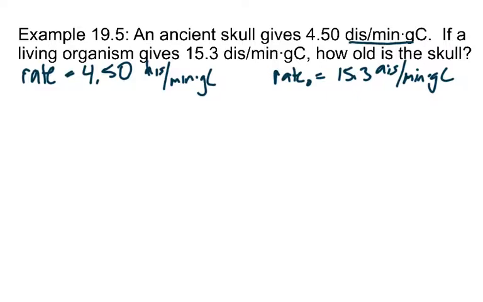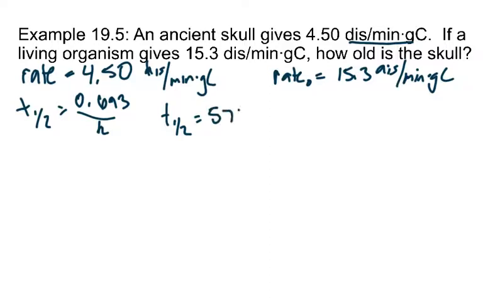We know our half-life is 0.693 divided by k, and you'll be given all of those equations. And our half-life for carbon-14, which again would be given to you in a question, is 5,730 years.